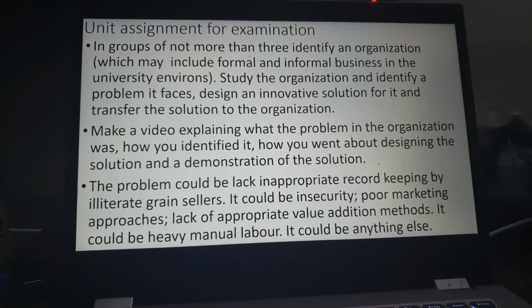The bottom line is: choose the organization, your choice, informal or formal, look at a problem that is probably retarding its progress, design the solution to it, do the video explanation and all that, present it, write a project document on it, plus the video, and hand the solution to the organization that you studied.